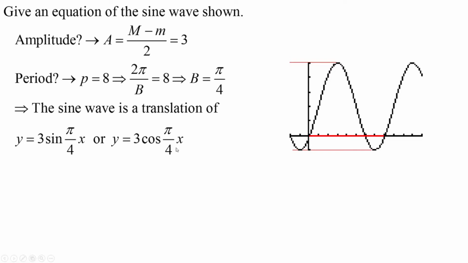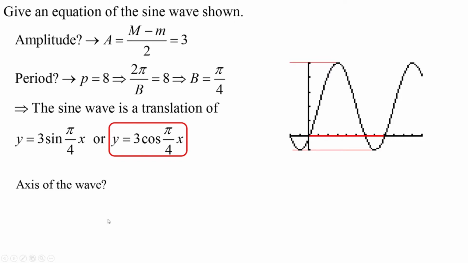Now, let's think about our horizontal and our vertical translation. Let's use cosine first. And on problems like this, I tend to use cosine because it's easier for me to see the distance of the horizontal translation with cosine. So before we talk horizontal, let's say the axis of the wave.